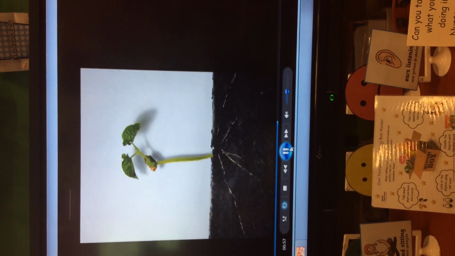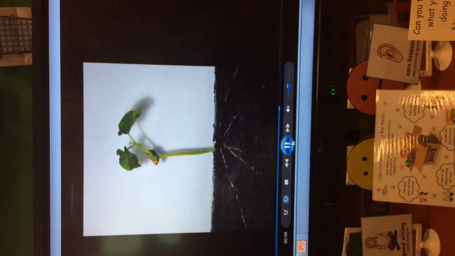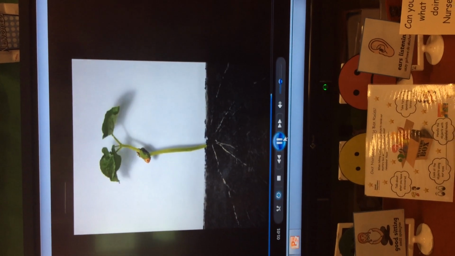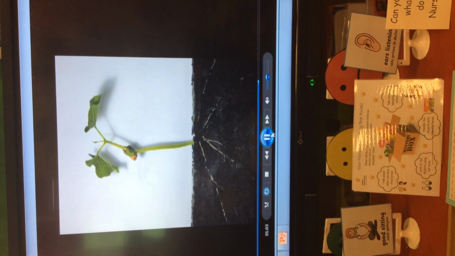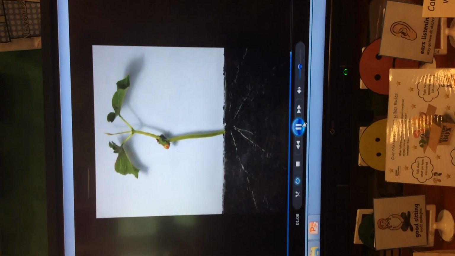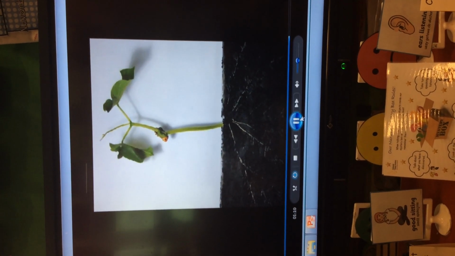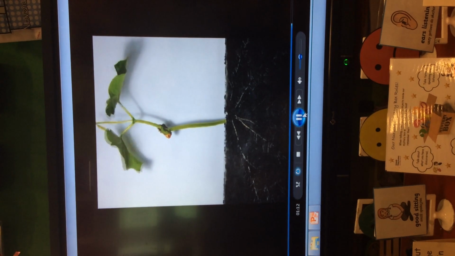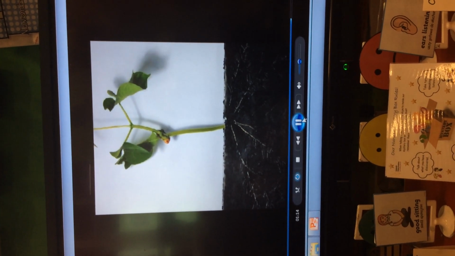Wow. I can see the leaves starting to grow. And the roots are getting longer. And the stem is getting taller and taller. I wonder if you can guess what's going to happen next.